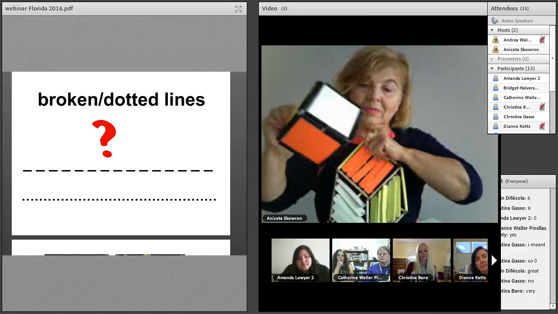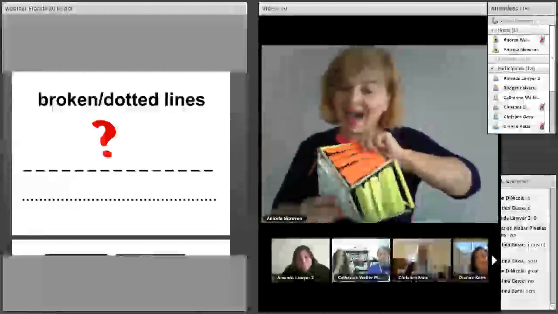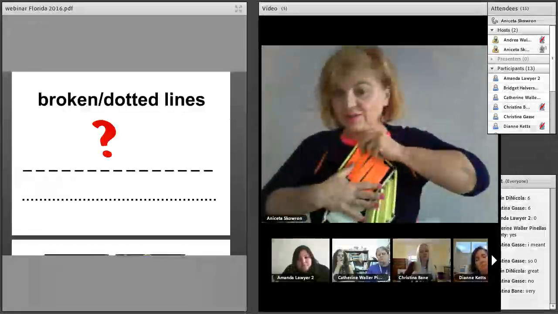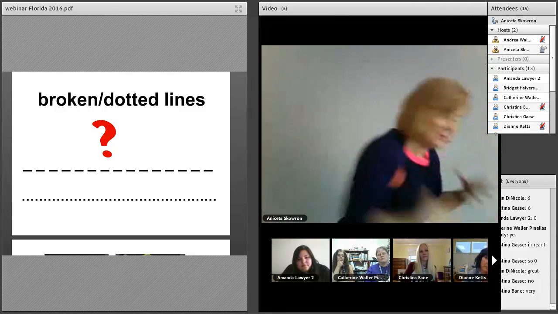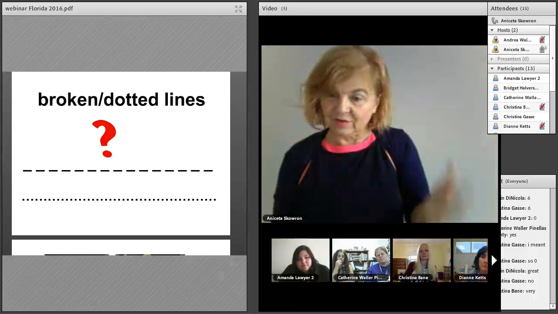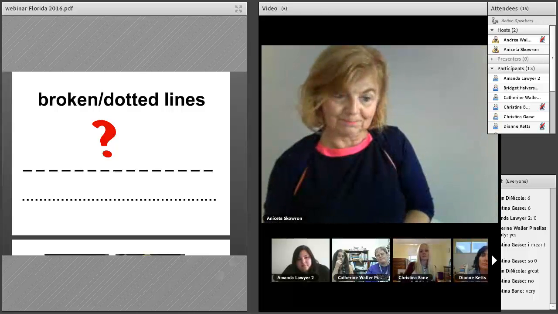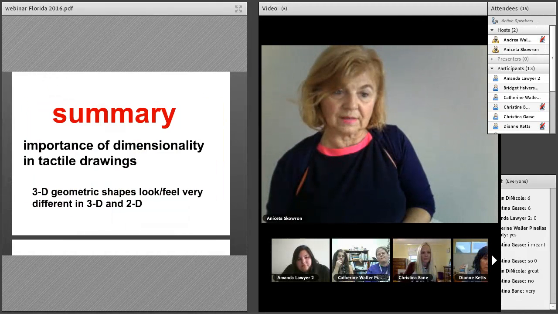Once you put them flat, they obscure the edges. They obscure those edges at the back. So this is the conceptual understanding of the complexity of 3D versus 2D, right? So here are a few pictures of all that.